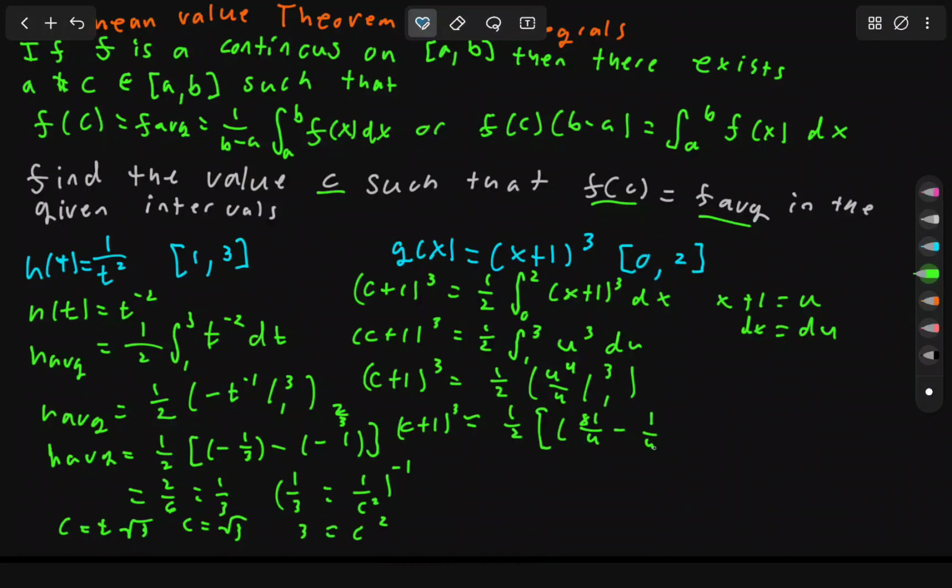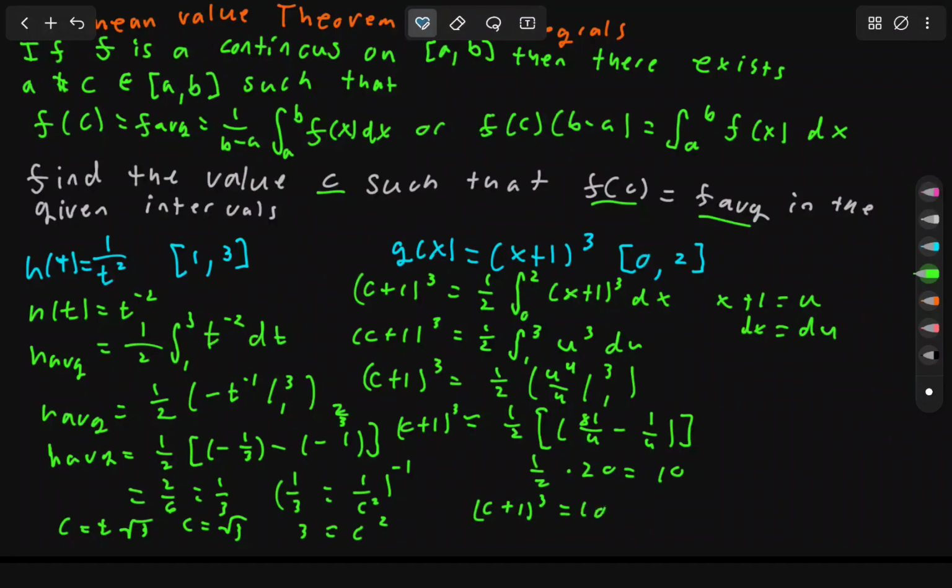So that's going to give us 1/4. So we will get an answer of 80 divided by 4, which is 20, times 1/2. So we get 10. So we now know that c plus 1 cubed is equal to 10.